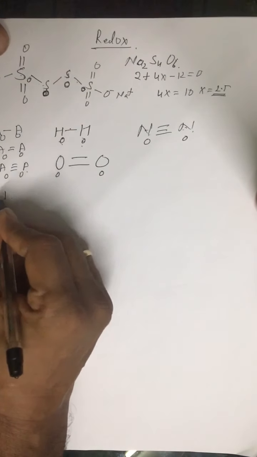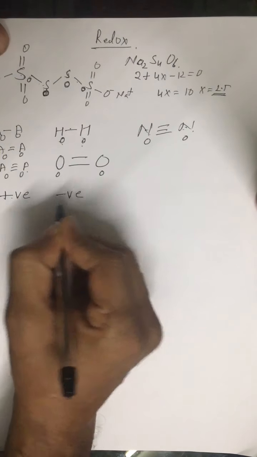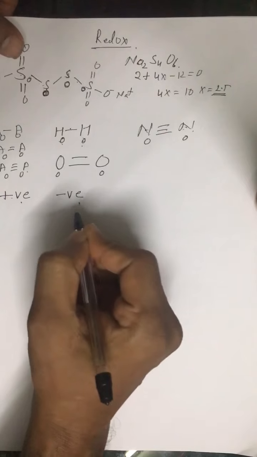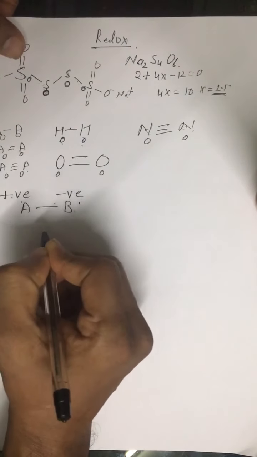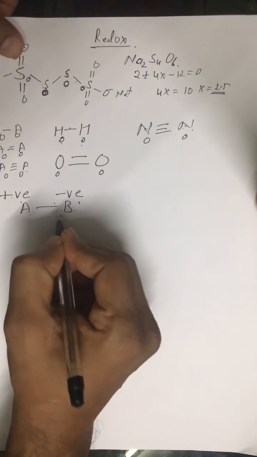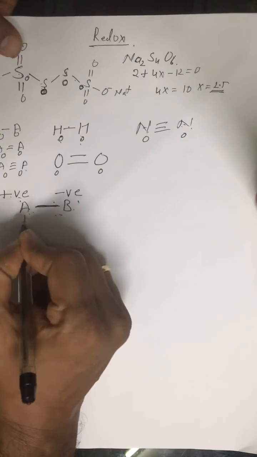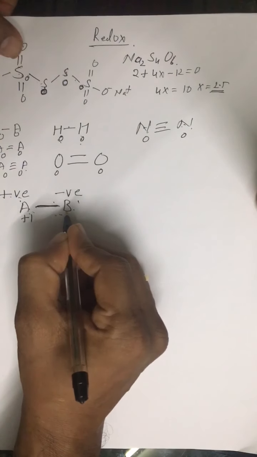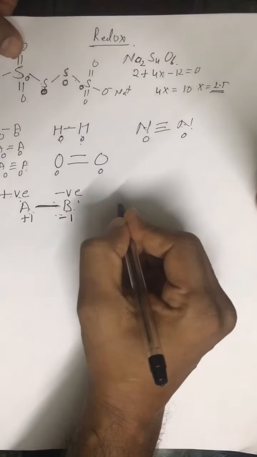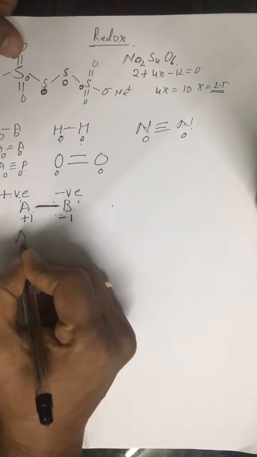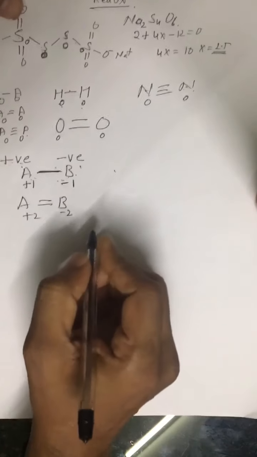Then the rule says: if two atoms are bonded and one is electropositive and the other is electronegative, if they are singly bonded, the electropositive atom due to this single covalent bond is given +1 and the electronegative atom is given -1. If they are doubly bonded, then +2 and -2.